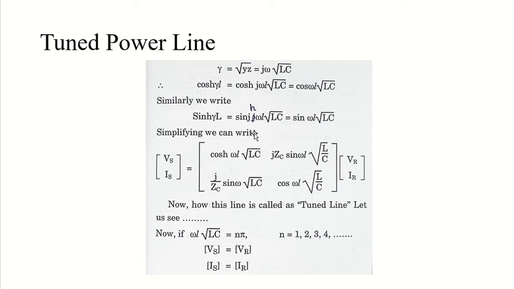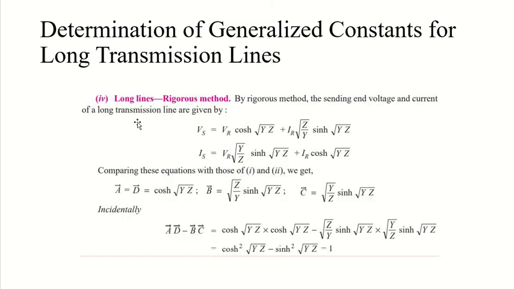Now come here and see, for the long transmission line, when we derived the ABCD constants, what was the value of A and D? It was cosh under root of yz. B was under root of z by y, sinh under root yz. And C was under root of y by z, sinh under root yz.